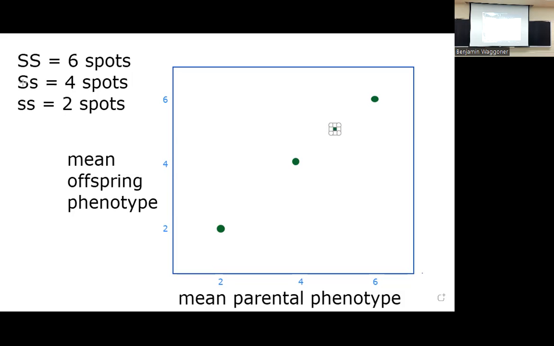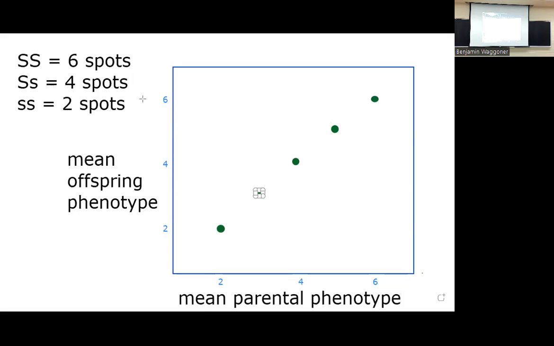If we cross big S little s with little s little s, the parents' mean phenotype is 3, and the offspring's mean phenotype is going to be 3. If we cross 2 that have 4 spots, we're going to end up with 1 with 6, 2 with 4, and 1 with 2 on average.